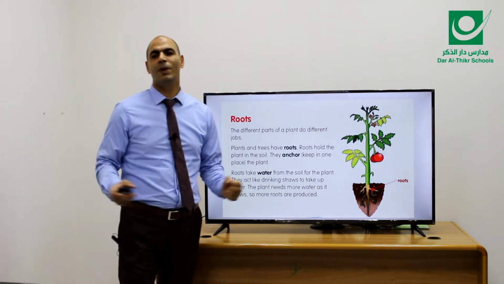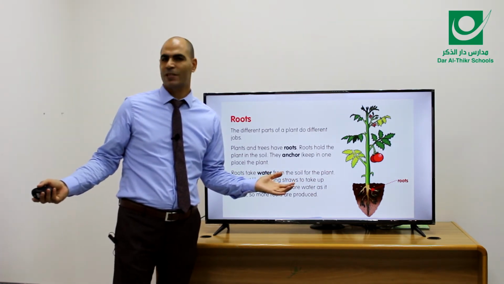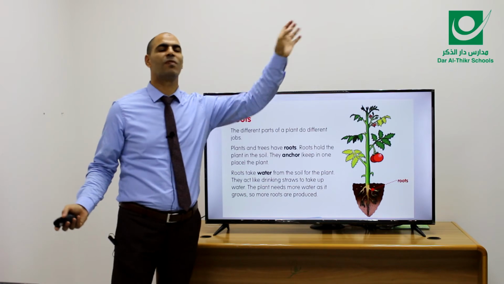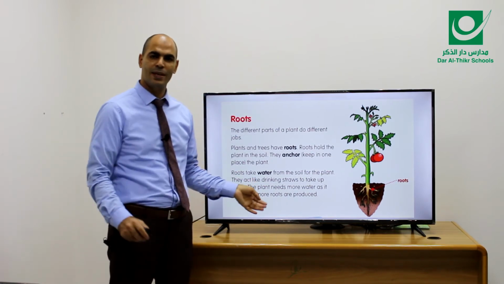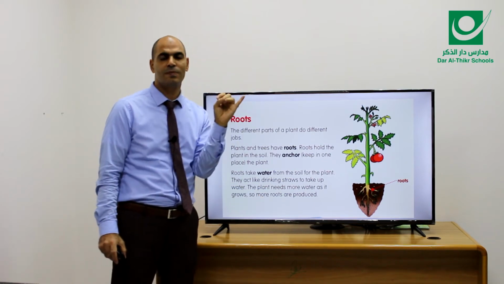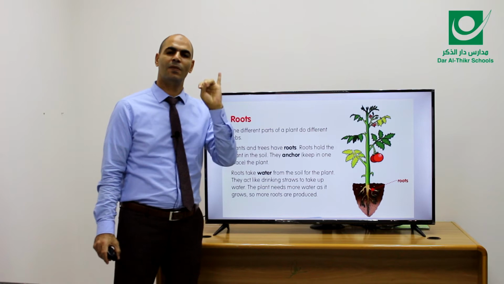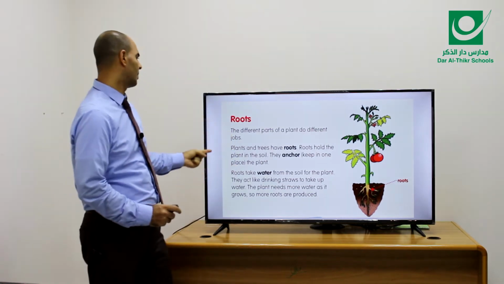So what if the plant has no roots? Imagine this. It will fly away, right? It will break, it will die. So the first job of the roots is that they hold the plant in the soil.